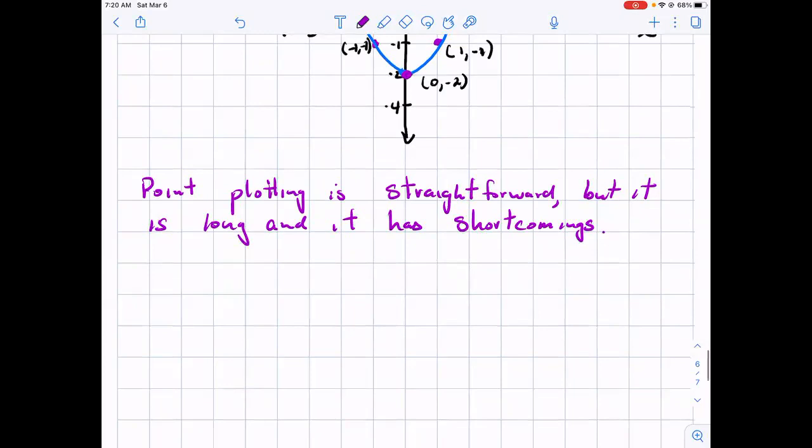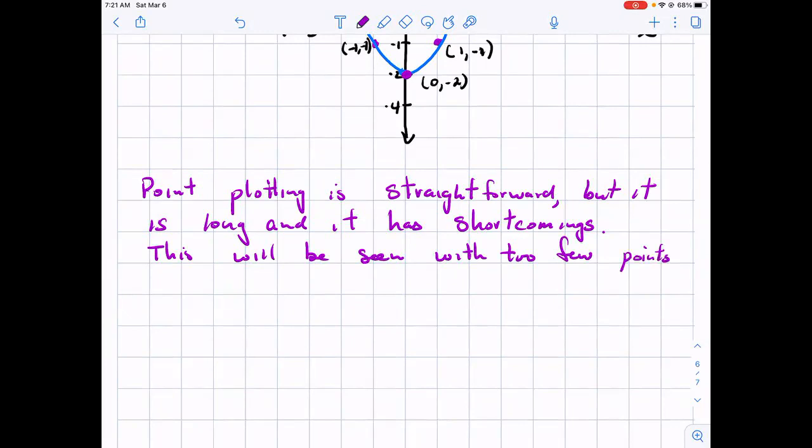For instance, this will be seen with too few points.